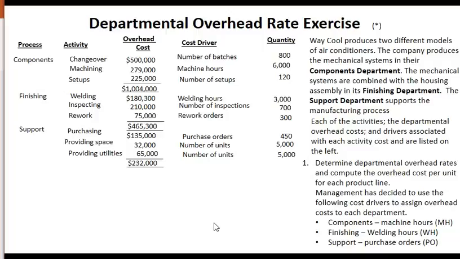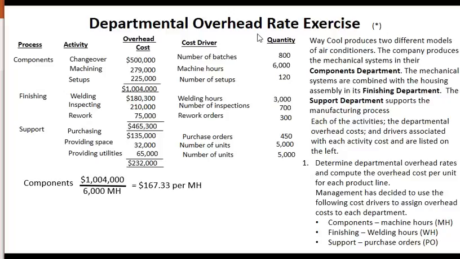Management has decided to use the following cost drivers to assign overhead costs to each department. Components is going to be machine hours, finishing is going to be welding hours, and support is going to be purchase orders. Now when we look at components, the total departmental overhead cost is $1,004,000.